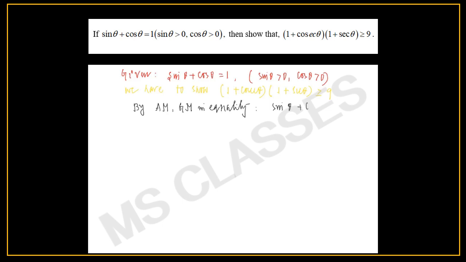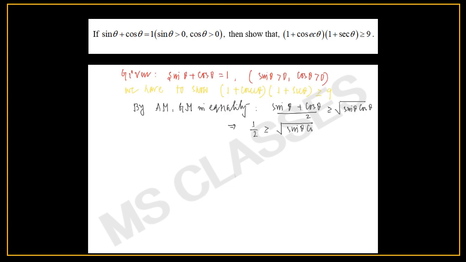So sin theta plus cos theta by 2 is greater than or equal to the square root of sin theta into cos theta. Now from this we can say that 1 by 2 is greater than or equal to the square root of sin theta cos theta.